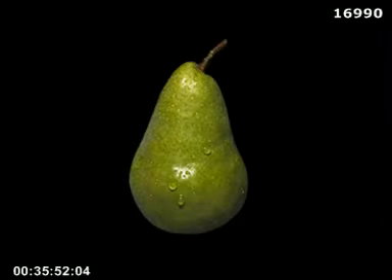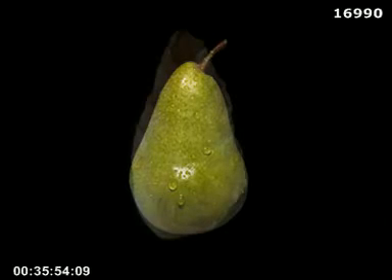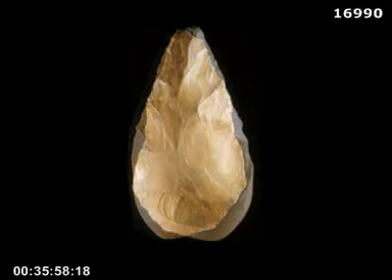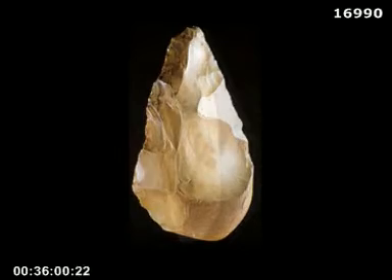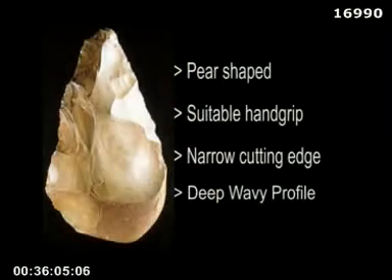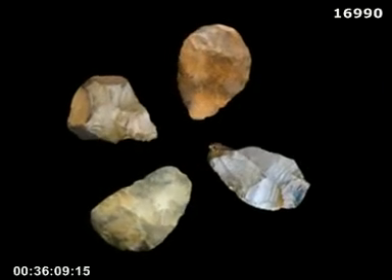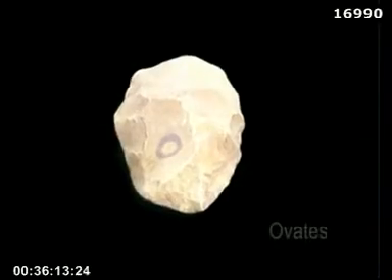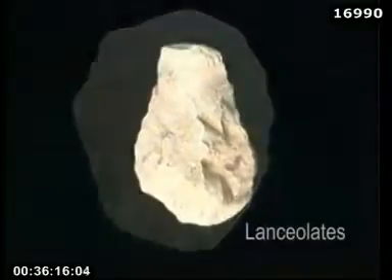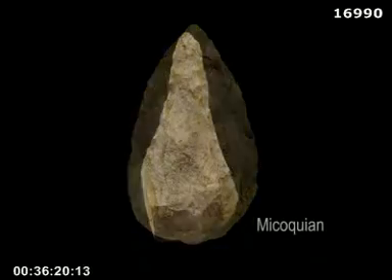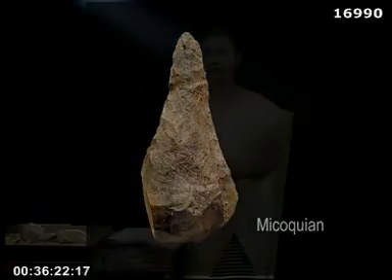The pear-shaped type with thick flake or unflaked pebble butt, suitable hand grip, and bifacially flaked narrow cutting edge characterizes the hand axe of the Abbevillean industry. In the Acheulean industry, hand axes are represented by ovates, lanceolates, and cordiforms, later followed by the micoquian types.